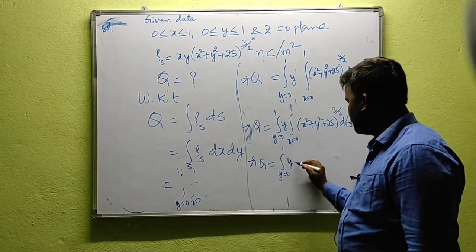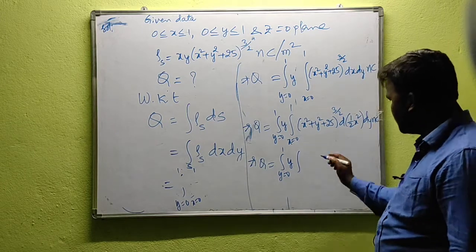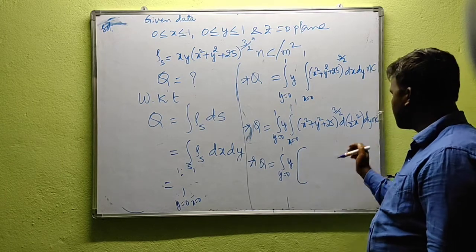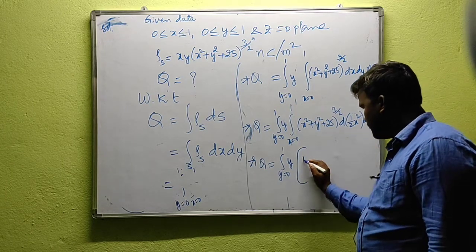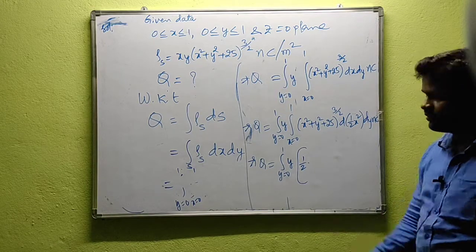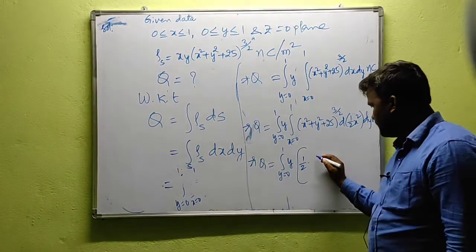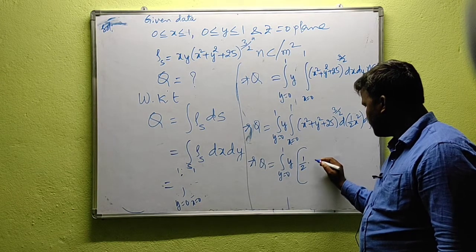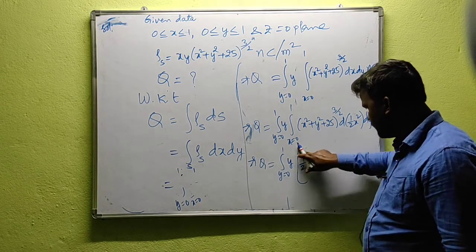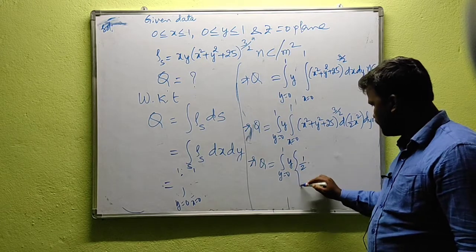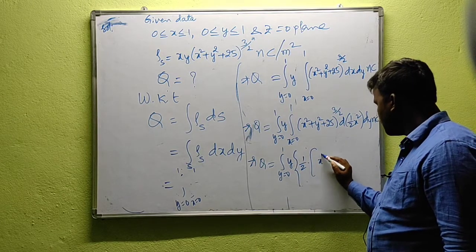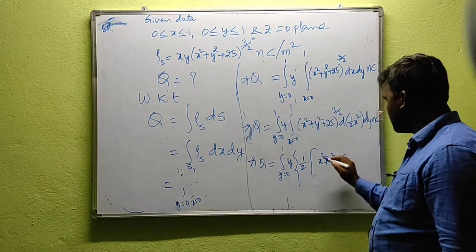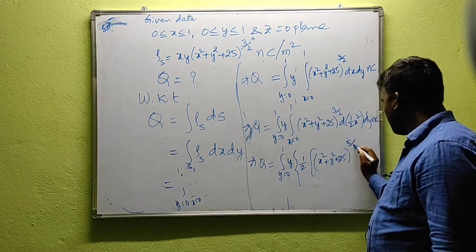Now simplify this, that is q equals integral y equal to 0 to 1, y into, so perform the integration. If I perform the integration with respect to x square, we will get 1 by 2 here. First write 1 by 2, and we can write this one as (x square plus y square plus 25) whole power 3 by 2 plus 1, that is 5 by 2, divided by 5 by 2.